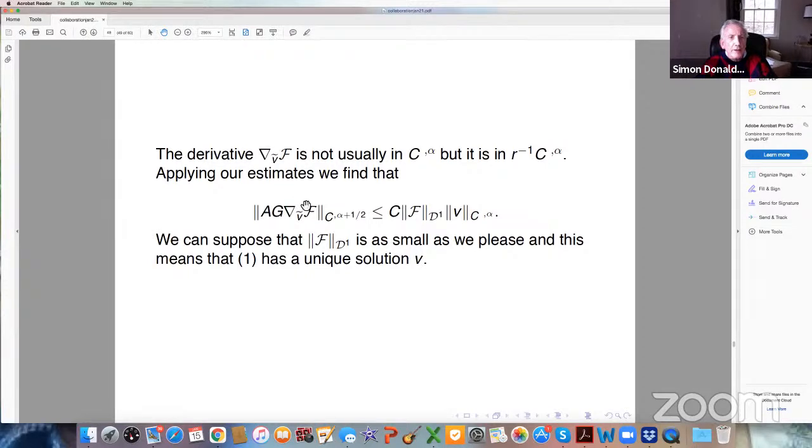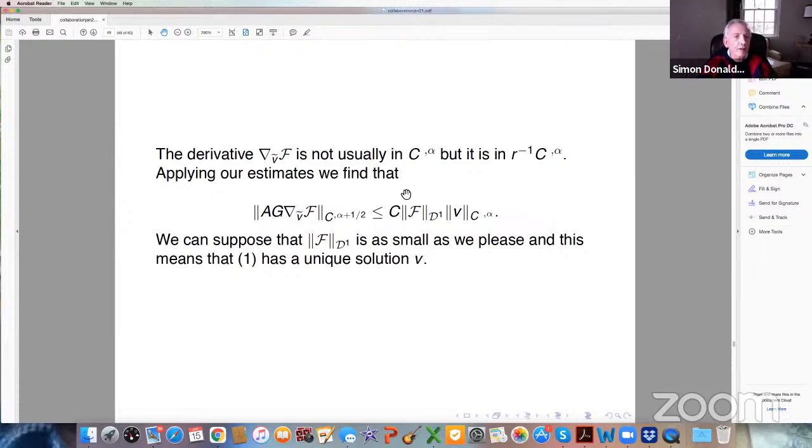So we can apply our estimates to get an estimate for this thing in terms of the norm of f in one of our suitable norms and a suitable norm of v. Remember, we can work arbitrarily close to our original solution, so we can suppose that f is arbitrarily small, and that means there's a unique solution to this equation if we make that assumption.